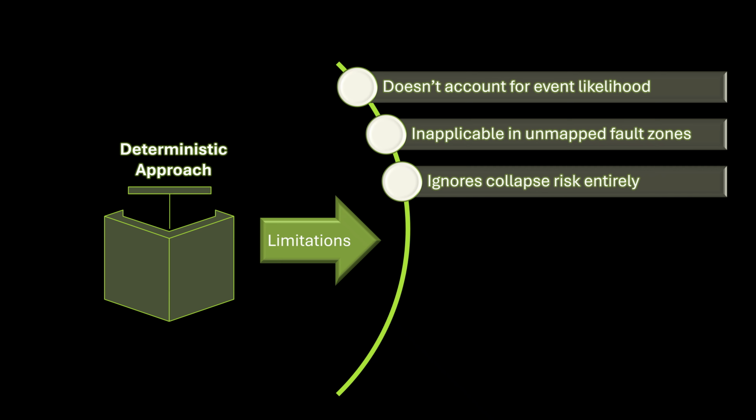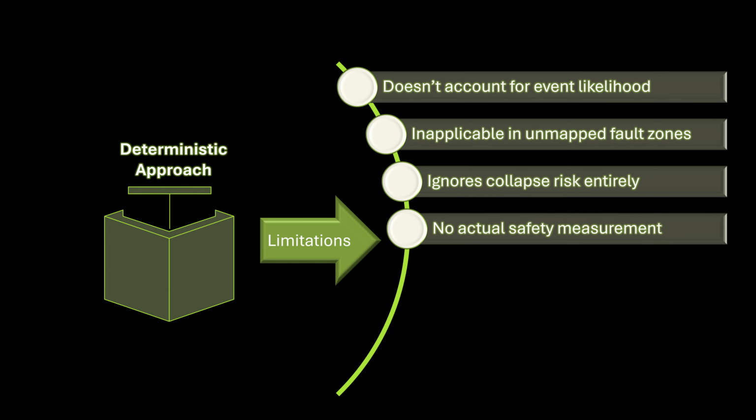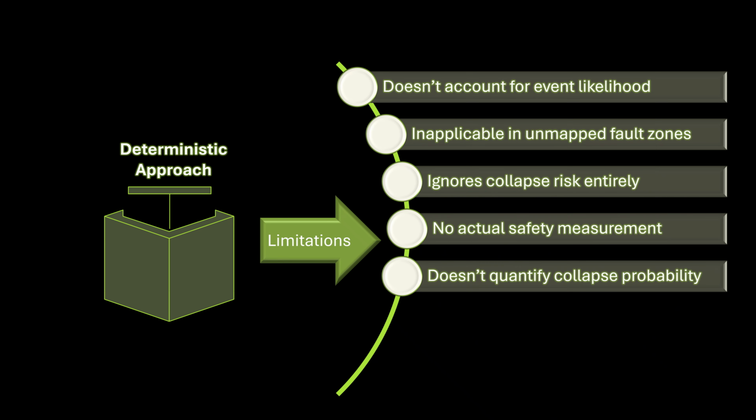Designing for the big one does, in theory, offer protection against collapse. The idea is simple: if a building can survive the most severe earthquake expected at the site, then it should survive anything smaller. But this approach has a major limitation. It doesn't tell us how much safety we're actually getting. It doesn't quantify the risk of collapse or tell us whether we're achieving a 1% chance of failure or something much higher.